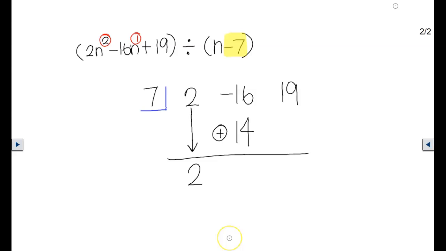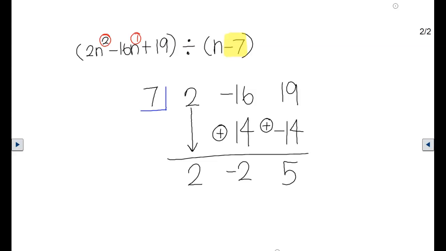Negative 16 plus 14 puts negative 2 below the line now. Now that negative 2 gets multiplied by 7. So 7 times negative 2 gives me negative 14, which I put underneath the next coefficient of 19. And we add. So 19 plus negative 14 is 5.